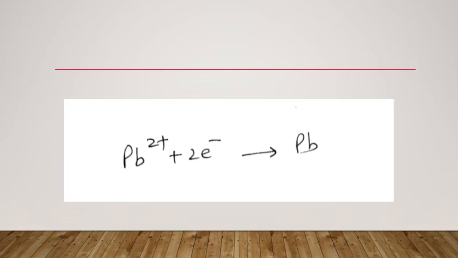So in this method we have taken our analyte as lead. How does lead diffuse through the double layer and have the reaction? The lead takes up 2 electrons and converts into solid lead, and this is how the reduction takes place.